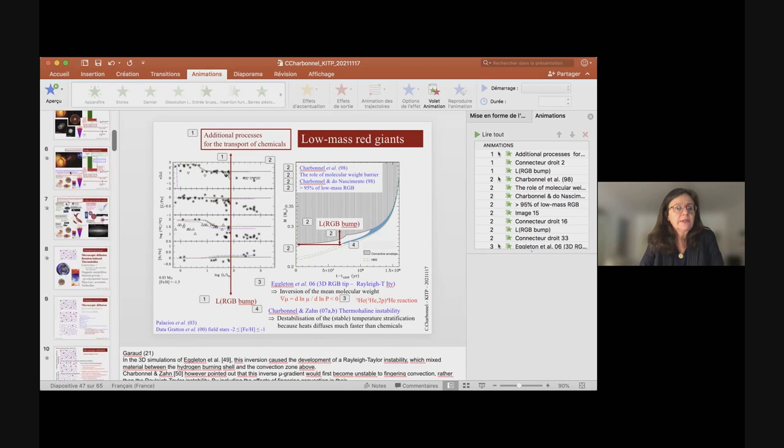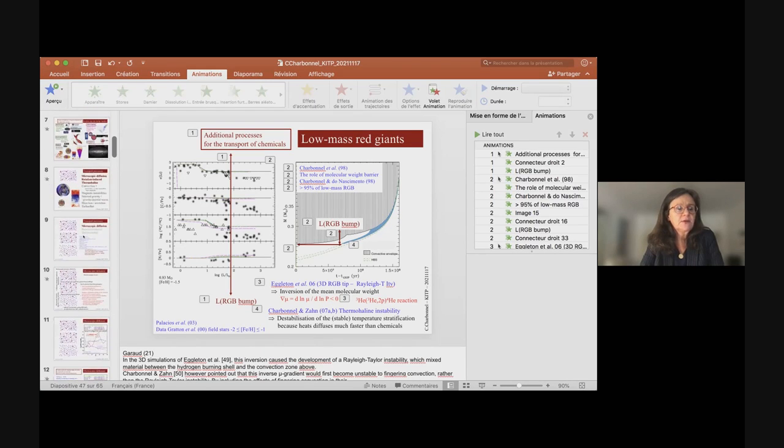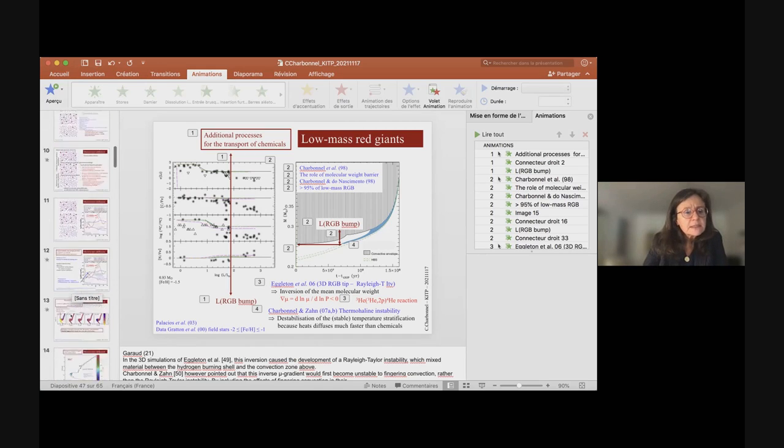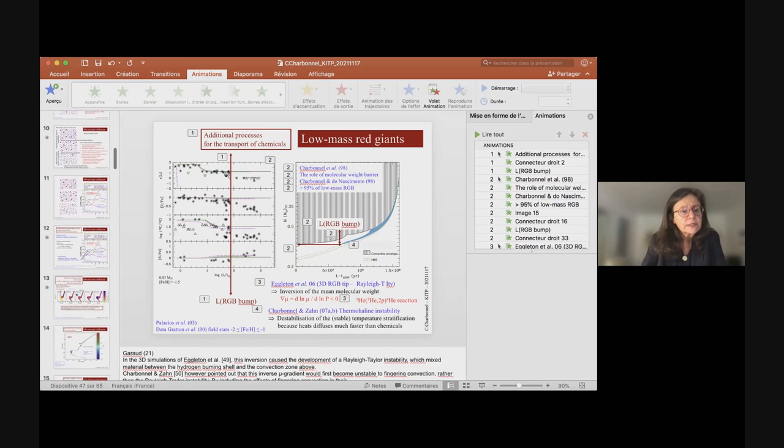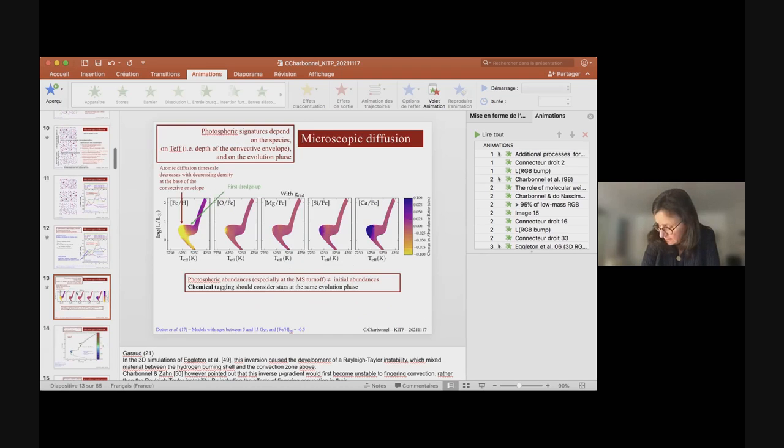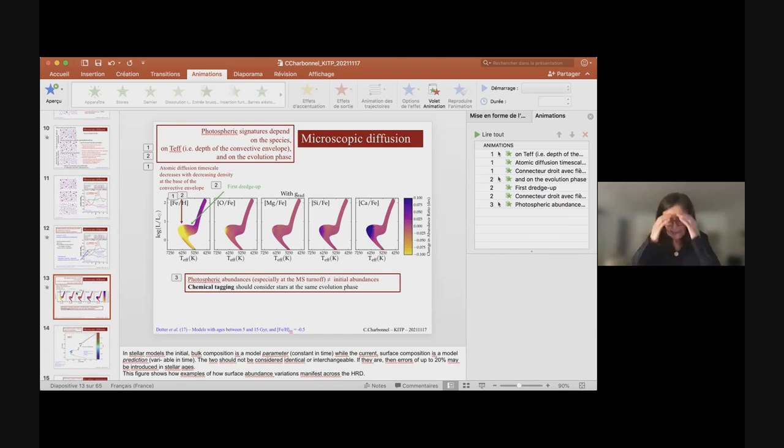The original work was made by Suzanne Talon, working with Olivier Richard. So what they did is that Olivier Richard determined the parameterization to counteract atomic diffusion in order to explain what we see in globular clusters, this variation.